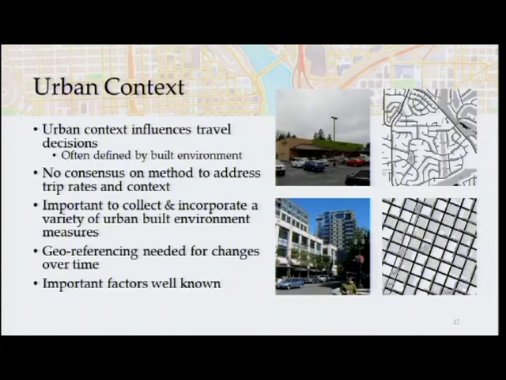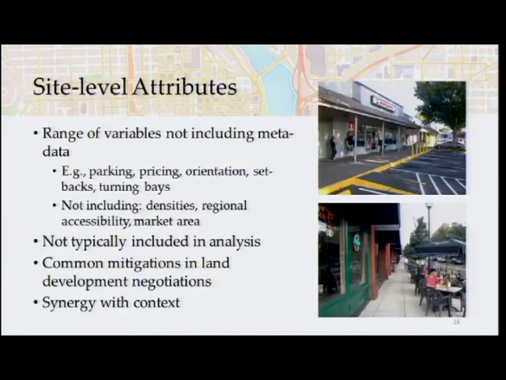But part of the problem is that ITE doesn't provide a transparent sense of what the data look like. We have no idea about site-level attributes that really can cause a lot of variation in the data. We have no idea what the parking is at any of those locations.